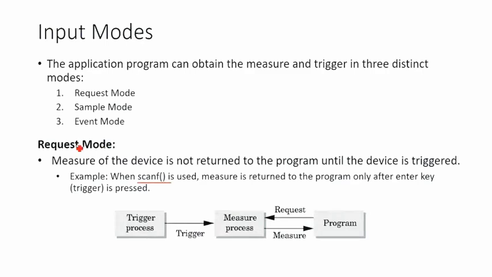Whenever the trigger happens, the measure is captured. The measure is not returned until the trigger is initiated, so the measure process is dependent on the trigger process. Once you trigger it, the measure will be returned back to your program. So that's the idea of request mode. To request a measure, you're supposed to initiate a trigger.